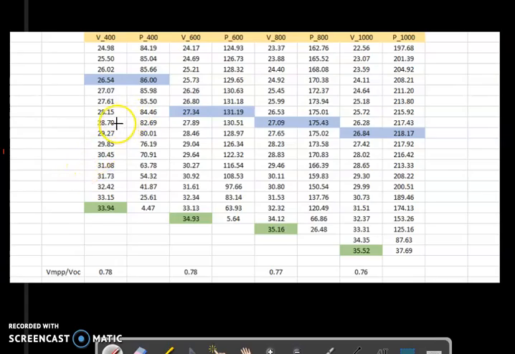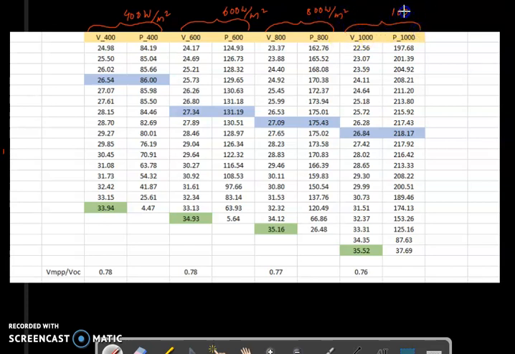This tabular sheet shows the voltage and power of the PV panel at different irradiance levels. This one corresponds to 400 watts per meter square, this one corresponds to 600 watts per meter square, this one is 800 watts per meter square, and this one is for 1000 watts per meter square.